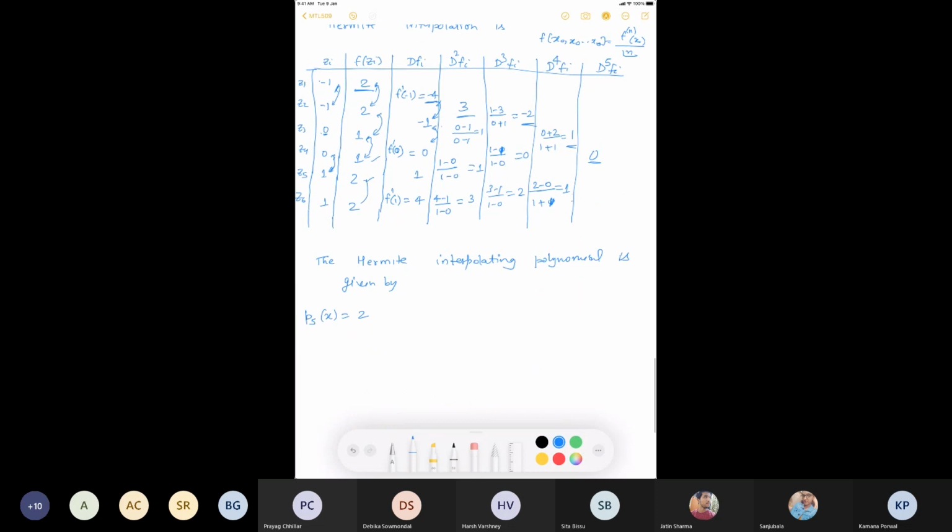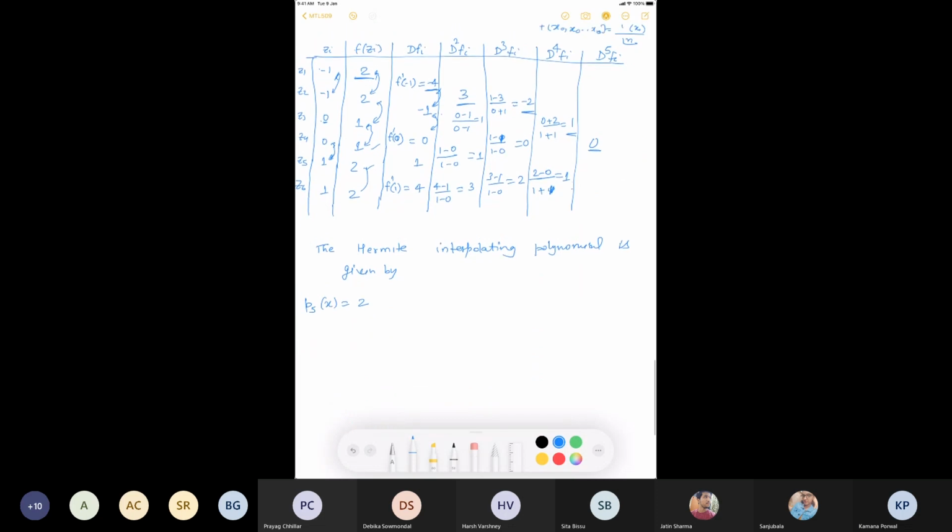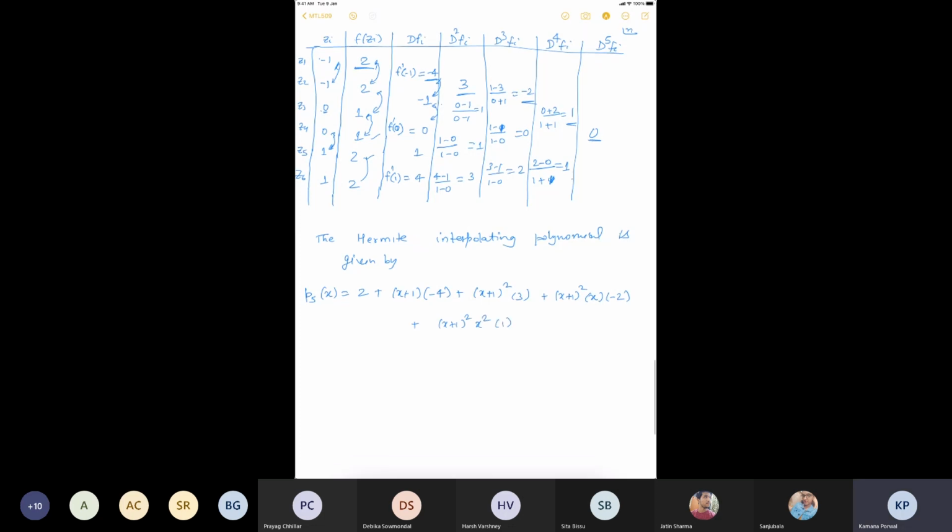Right, so we'll have 2 plus X minus X1. So X1 is minus 1, so X plus 1 times F of X1, which is minus 4, plus X plus 1 square times 3. And then plus X plus 1 square, X minus 0, which is X, times minus 2, plus X plus 1 square into X square times 1. And then the last term will be 0.